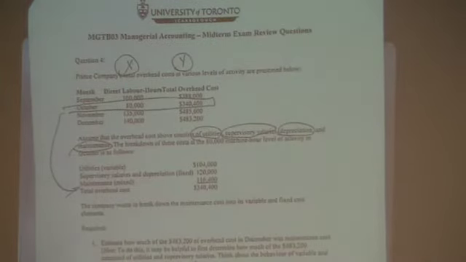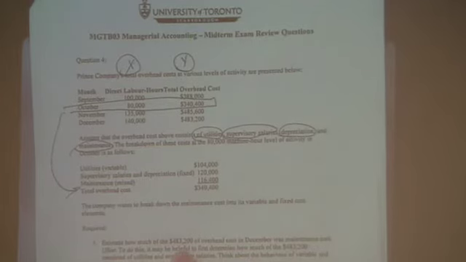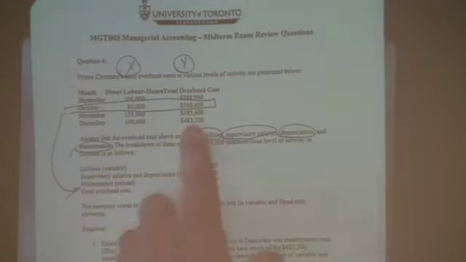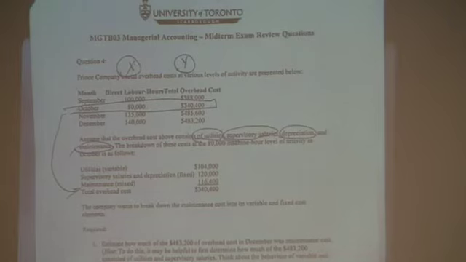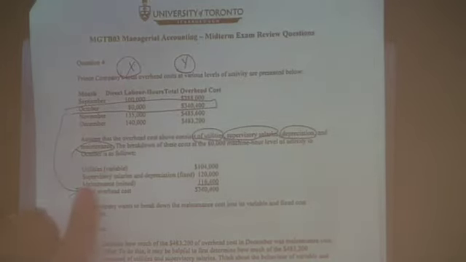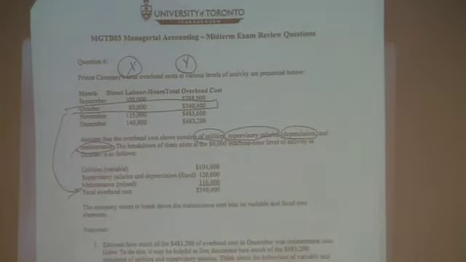So what we're trying to do in the first part of the required, estimate how much of the 483, that's December, overhead cost in December was maintenance cost, sorry. That's what they want us to know. They want us to know how much of this is maintenance cost.